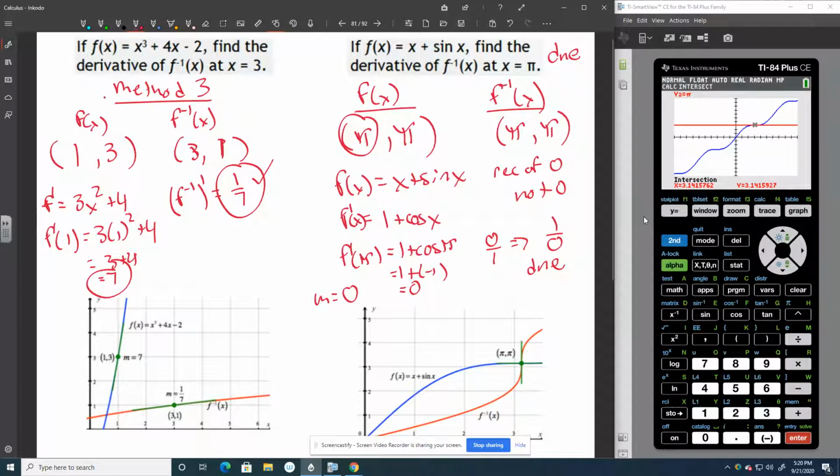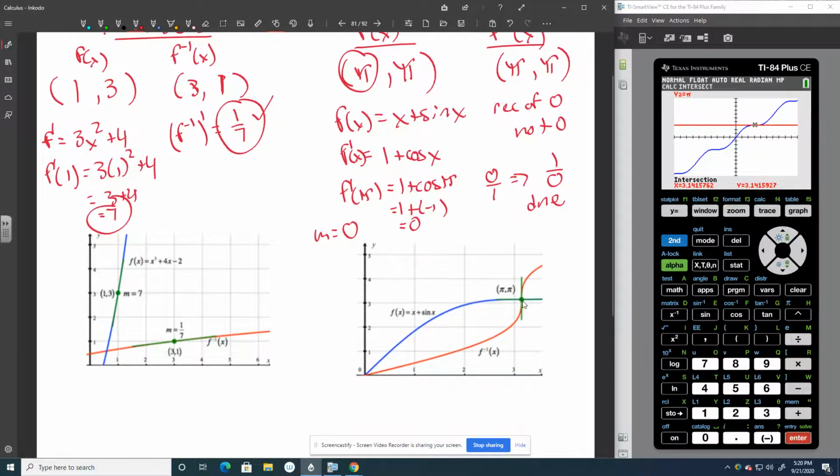And if you look at the picture down here, at pi, at my 3.14, my original function, my derivative was 0 because I had this horizontal point right here, right? So my tangent line was a horizontal line, so I had a slope of 0. But the reciprocal of that horizontal point is vertical.